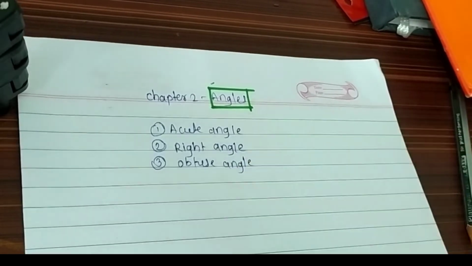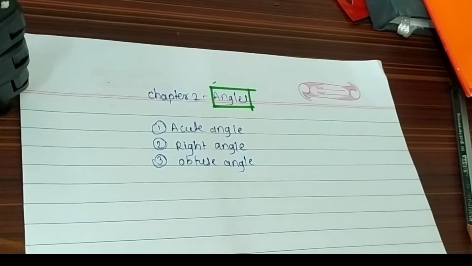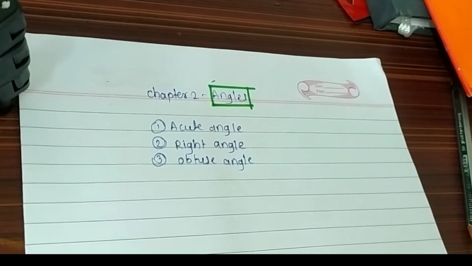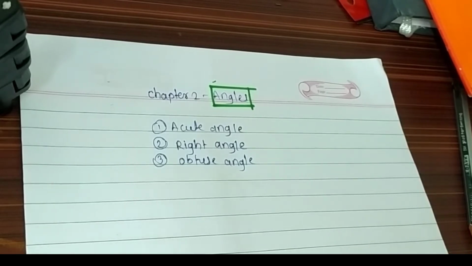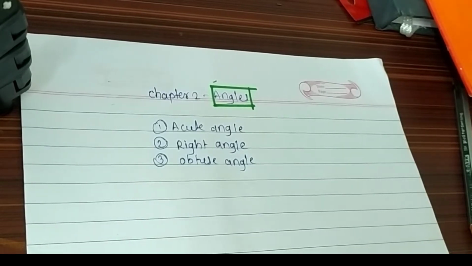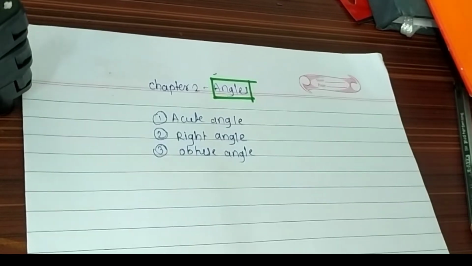We also learned how to draw them. In this standard, we learn more about angles and their types, and also about angle bisector, how to draw an angle bisector. First of all, let's recall.